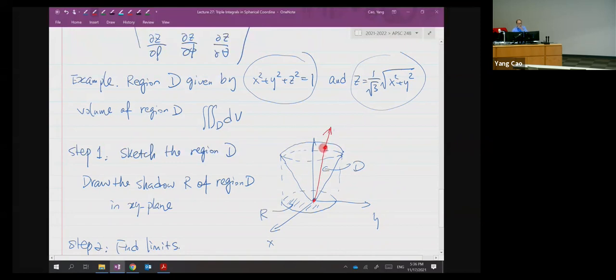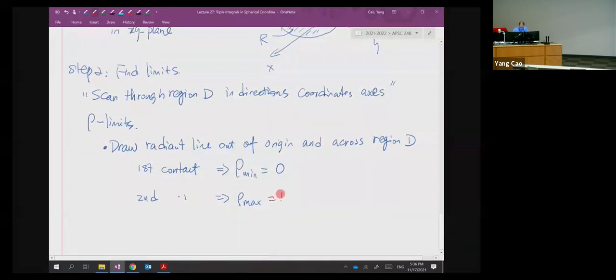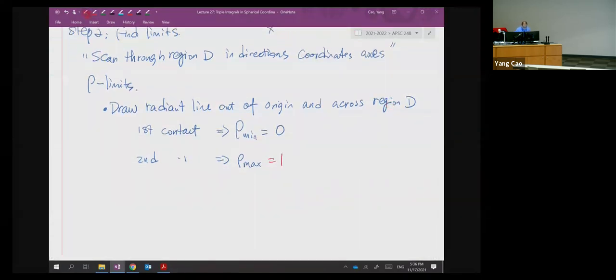Rho max equals what, from here to here, what's the distance? 1, exactly, because this is rho equal to 1, that's your sphere. It doesn't matter where you draw your reading line, your rho max will be 1. So that's how you get your rho limits.